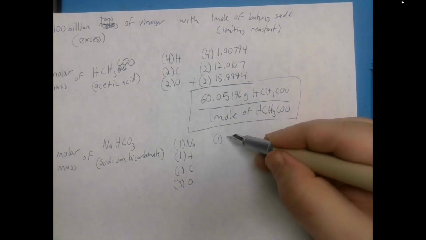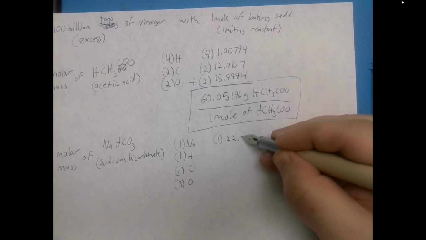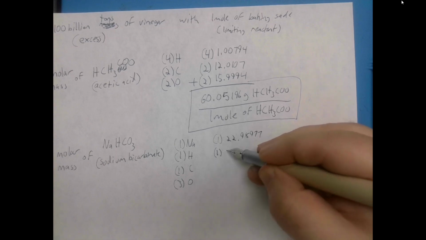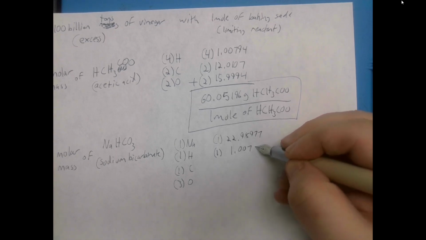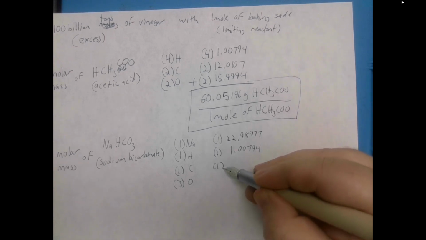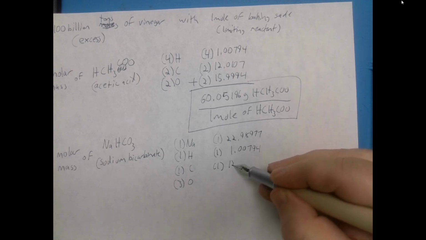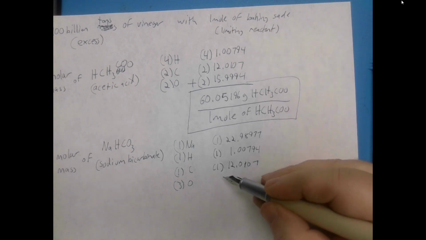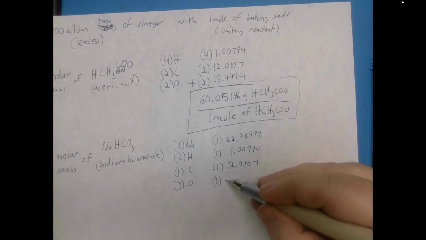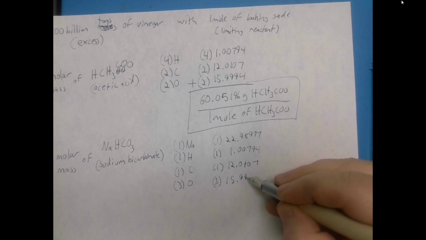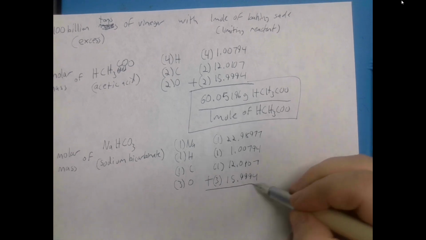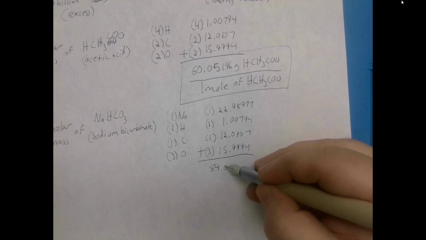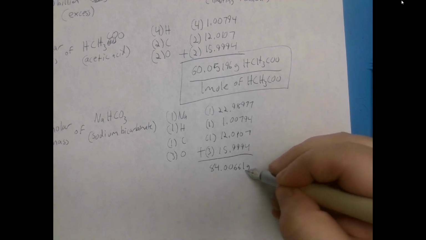So it'd be 1 times 22.98977, 1 times 1.00794, 1 times 12.0107, 3 times 15.9994, add all those together, and we get 84.00661 grams.